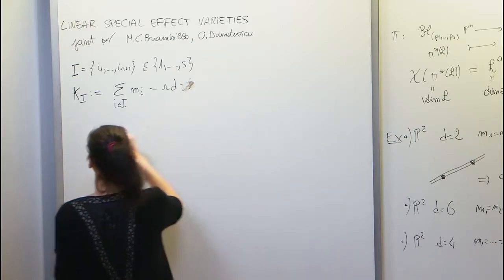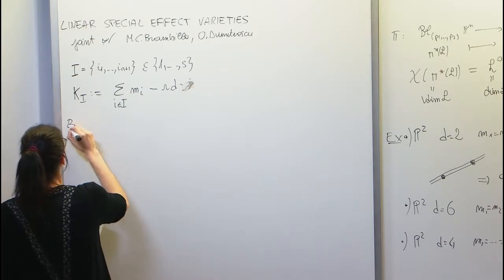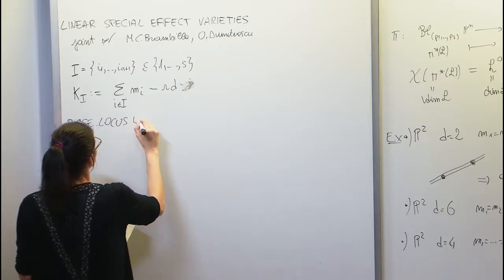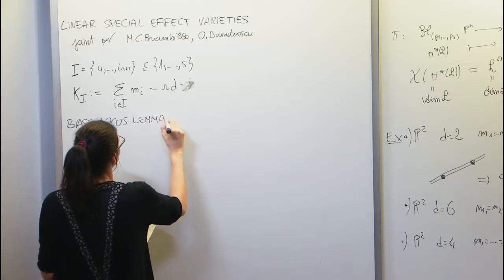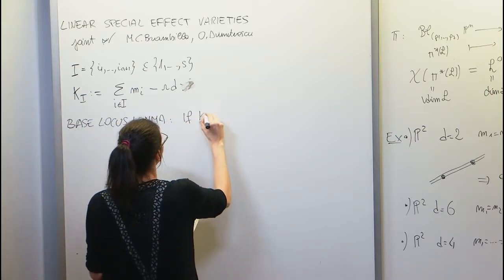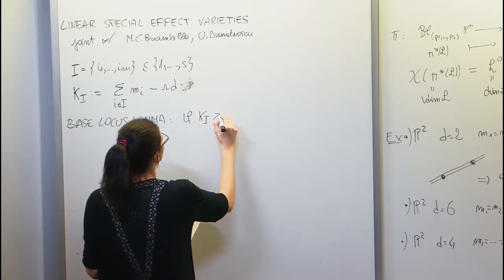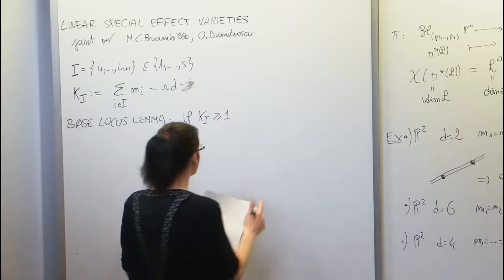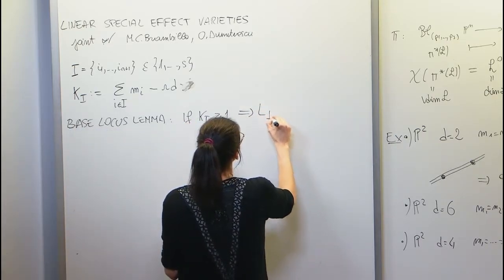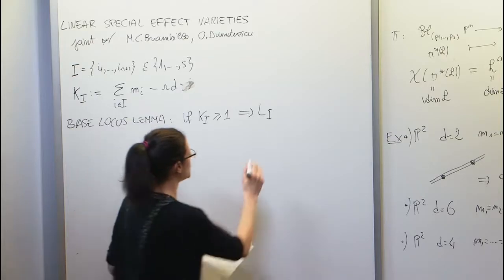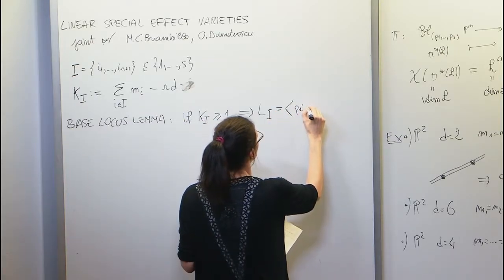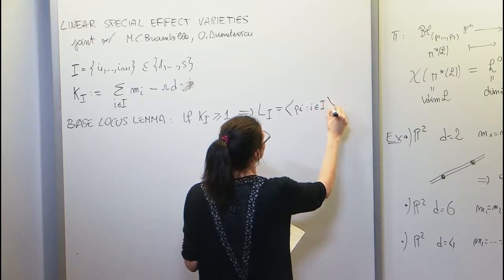And then lemma, base locus lemma. That's the first thing that we have to do. If Ki is bigger or equal than 1, if this number turns out to be positive, then the linear subspace Li, which is just the linear span of Pi with i in I.